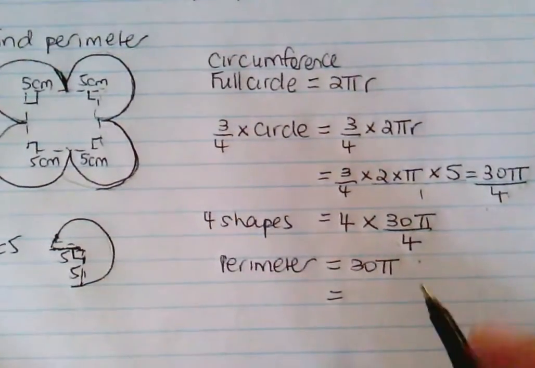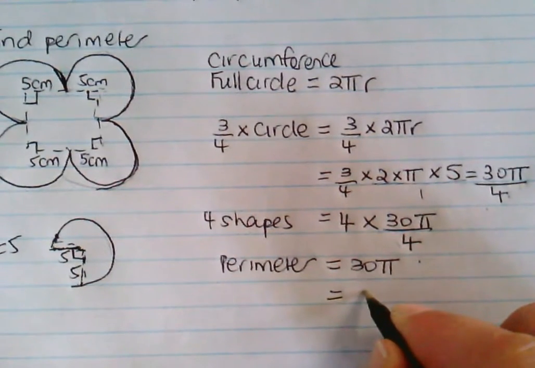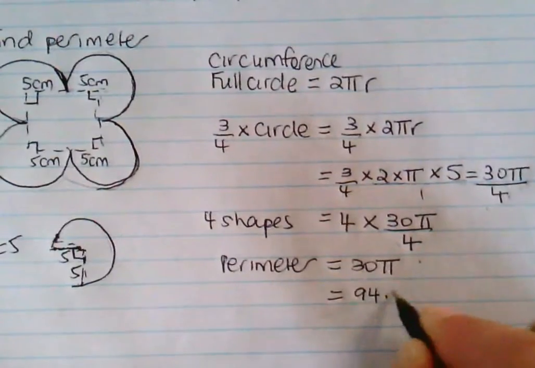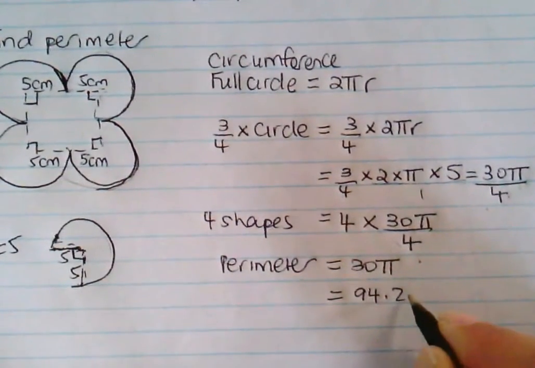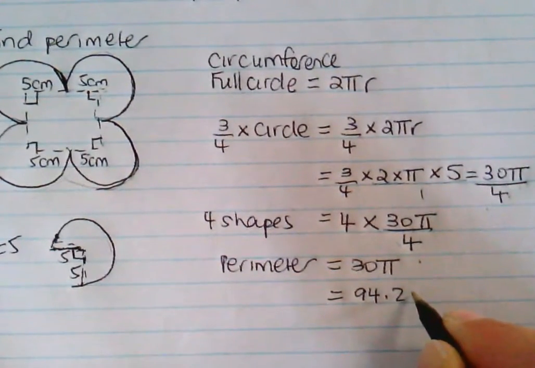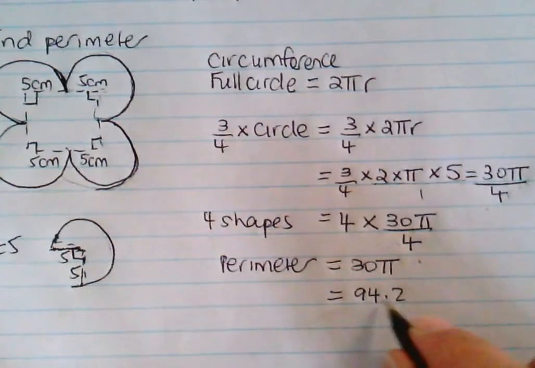So the perimeter will be 30 times pi, which is 90 what? Exactly? Rounded? Can I have just exactly what it is?